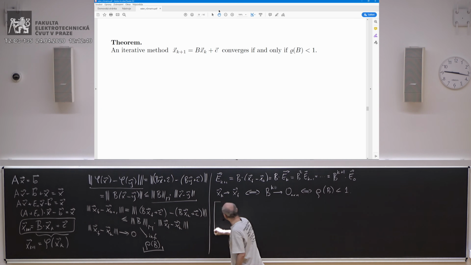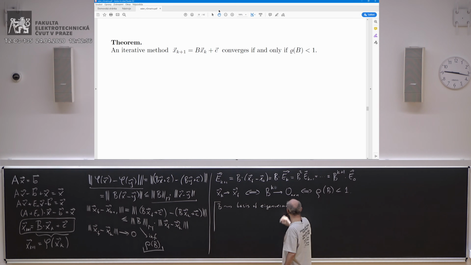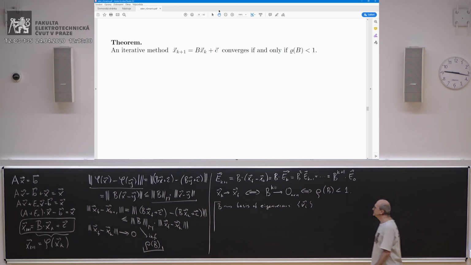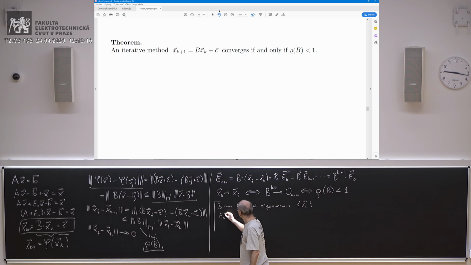We will look at a very special case. Imagine that the matrix is diagonalizable, which means that there is a basis of eigenvectors. Let's call them v_i. Now, if there is a basis of eigenvectors, it means that the initial error, which is a vector, can be expressed as a combination of them. So e_0 is a linear combination of the eigenvectors.